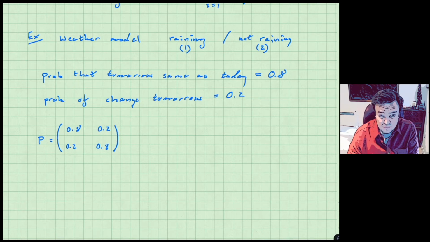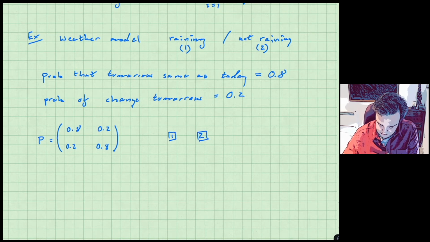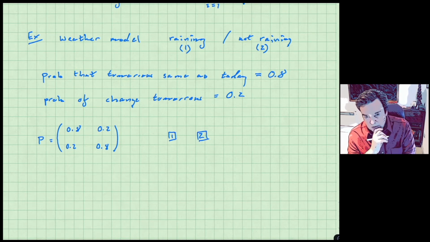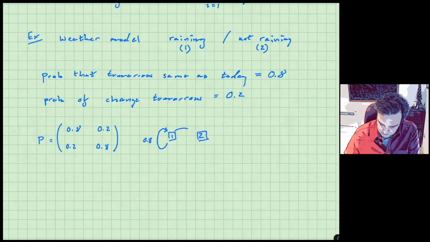There's only two states, right? So here's state 1, and here's state 2. Raining and not raining. If you're in state 1, what's the probability of coming back to state 1? That's no change, that's 0.8. And if you're in state 1, the probability of leaving it, having a change, is 0.2.